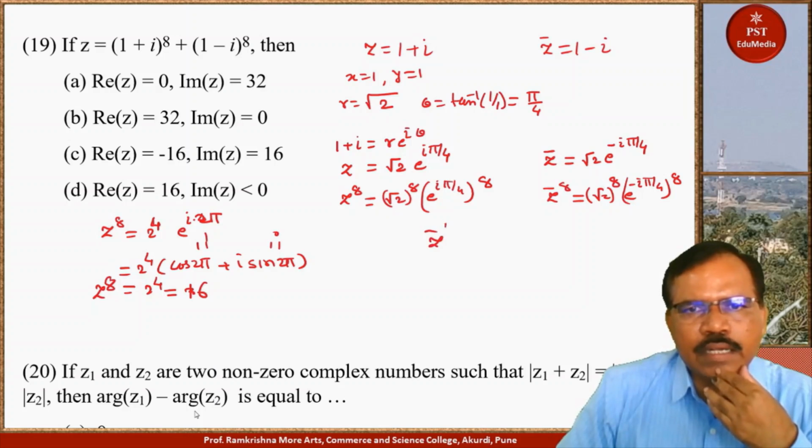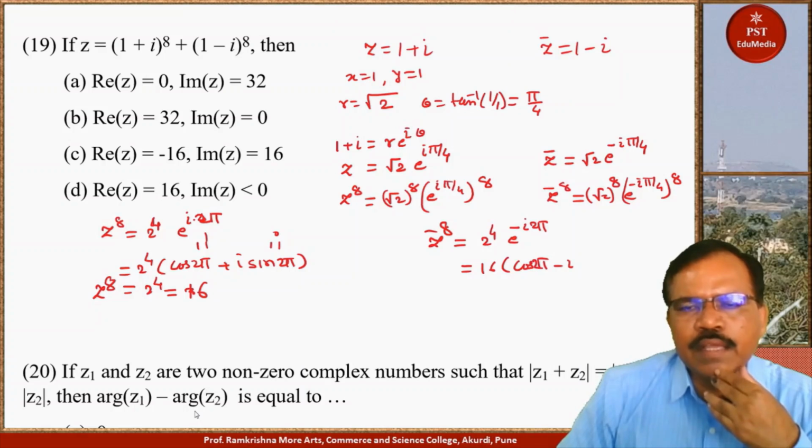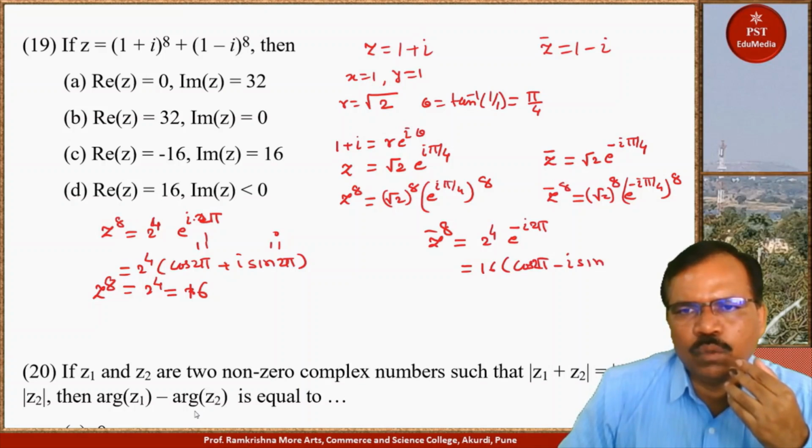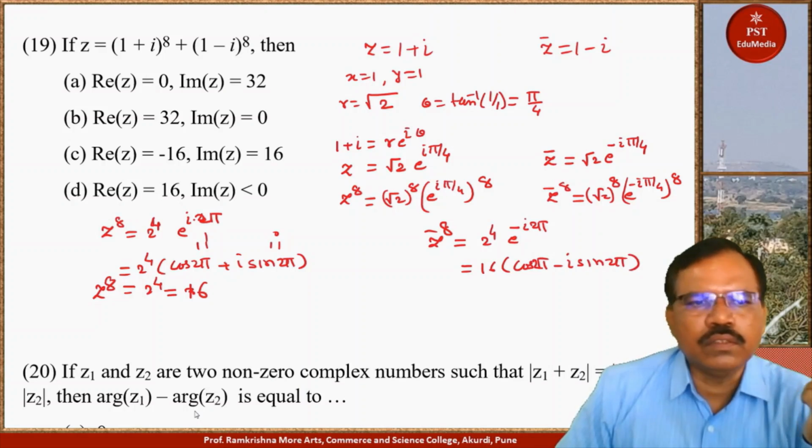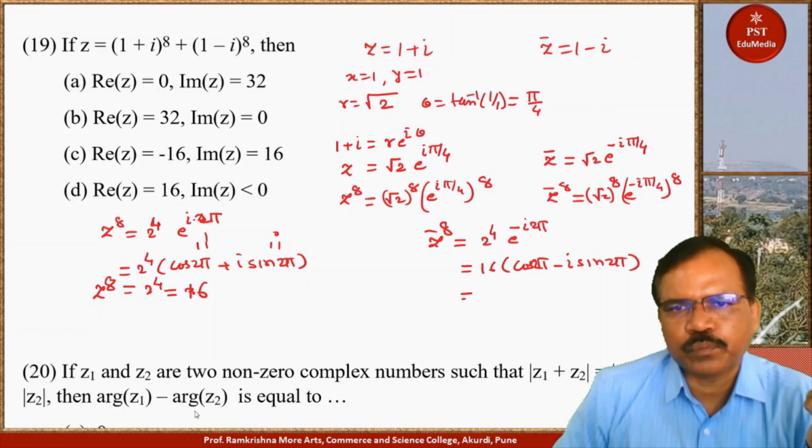Now z bar raised to 8 is again 2 raised to 4 e raised to minus i 2 pi. So we'll get 16 in brackets cos 2 pi minus i sin 2 pi. So this is equal to 16 because cos 2 pi is 1 and sin 2 pi is 0.